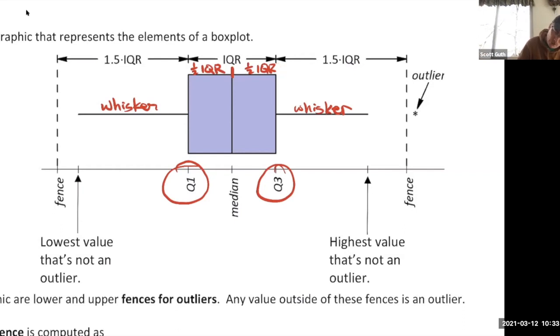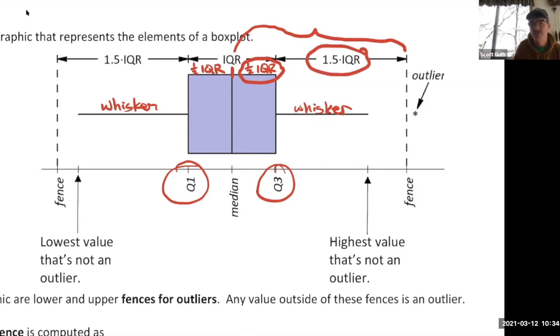Okay, and if you look from the median, we are going approximately 2 interquartile ranges: a half of an interquartile range that's part of the box, and 1.5 interquartile ranges up from the edge of the box. So altogether, that's about 2 interquartile ranges, just like we would go up 2 standard deviations to determine an unusual value, and that came from the empirical rule.